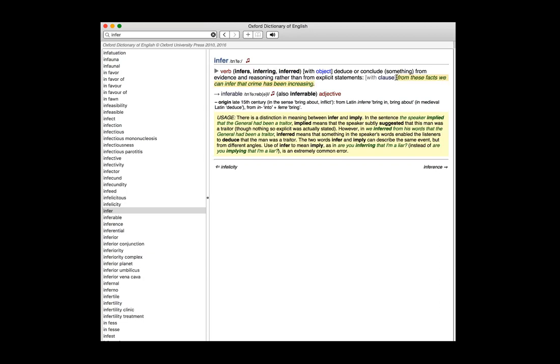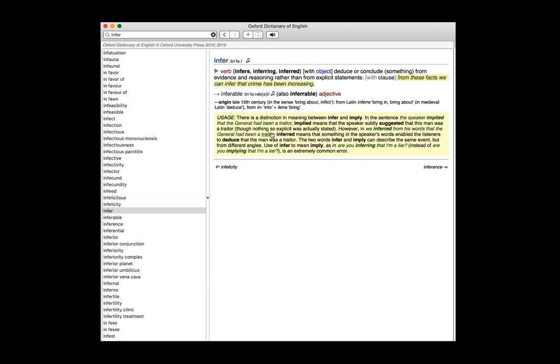So I think it's important to reference infer. If you look at the usage, there's a little comment on usage. There is a distinction between infer and imply. Imply means to subtly suggest something.